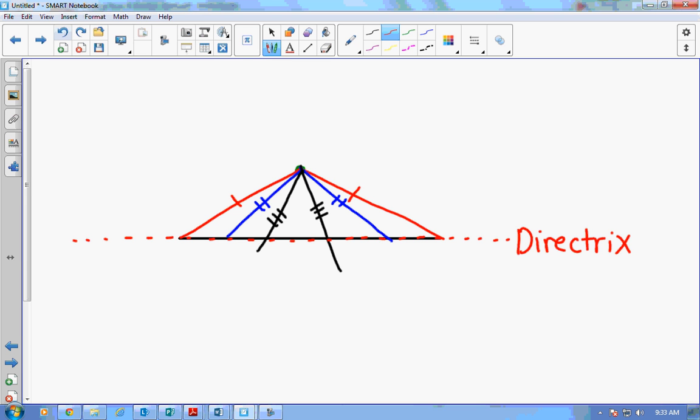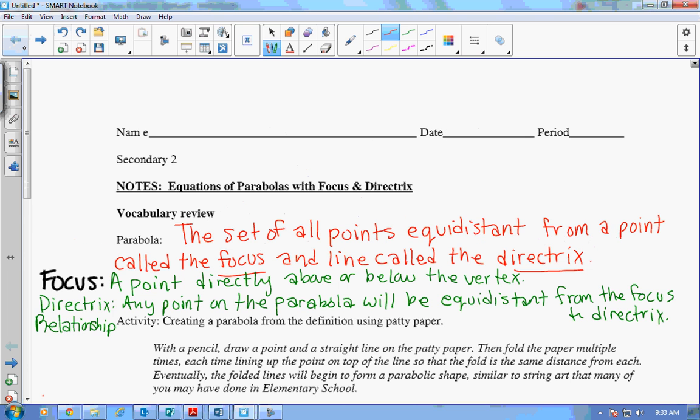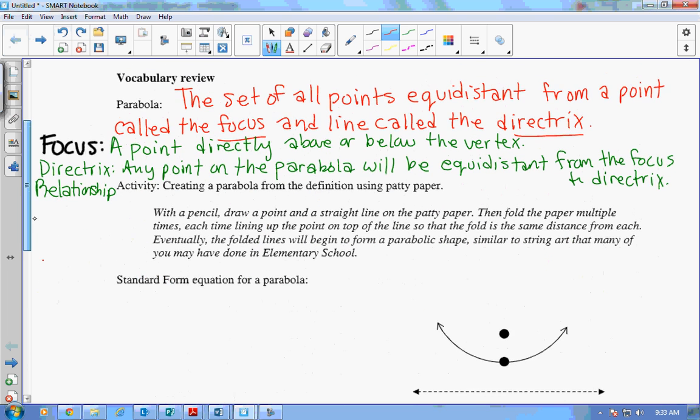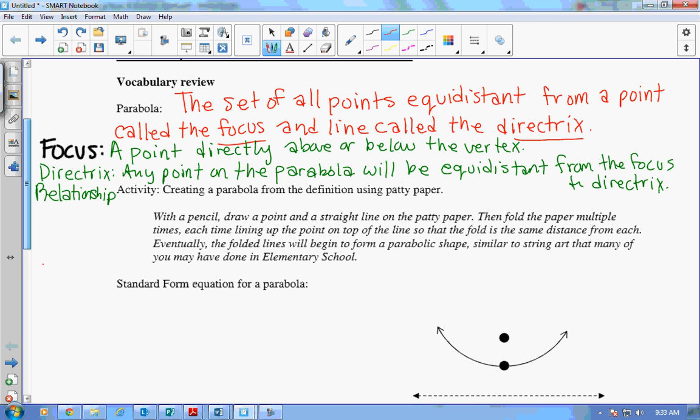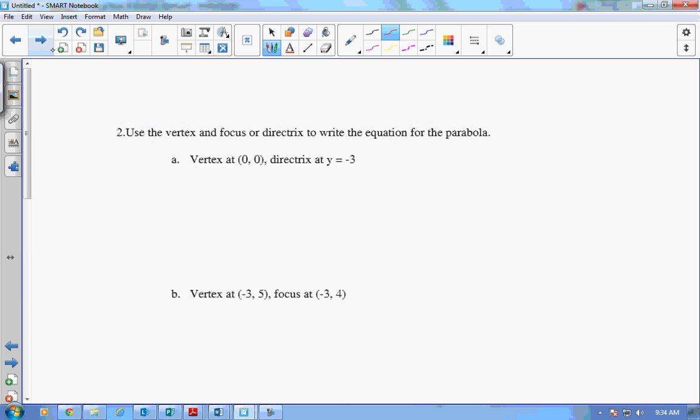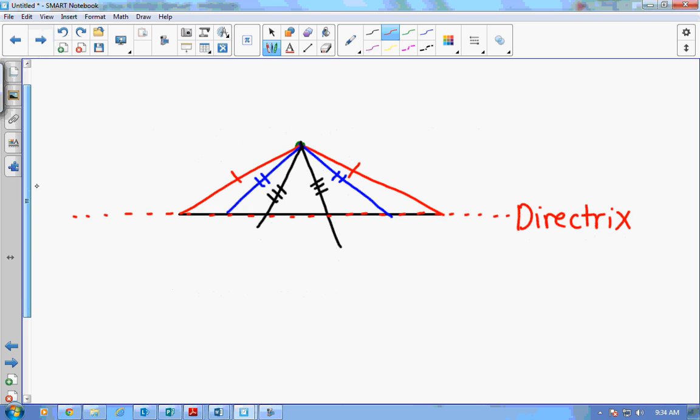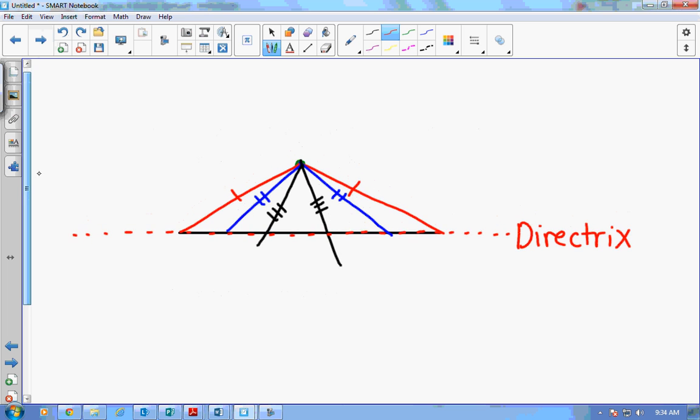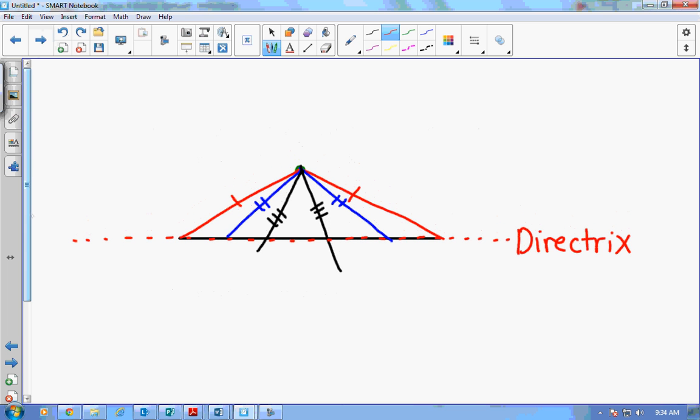And no matter where you are on the parabola, you're always, as the definition of focus and directrix state, any point on the parabola will be equidistant from the focus and the directrix. Okay, so I can't really do that on this one.